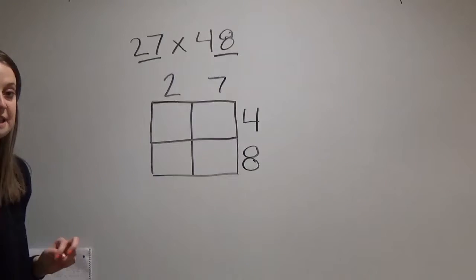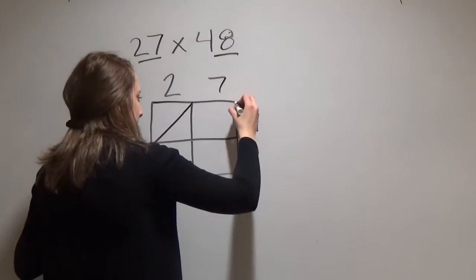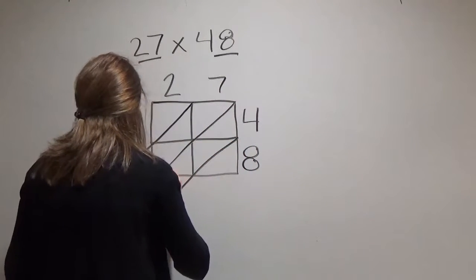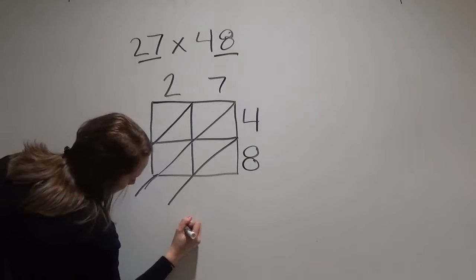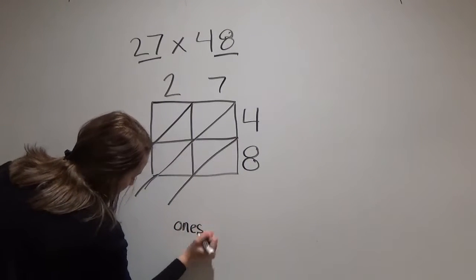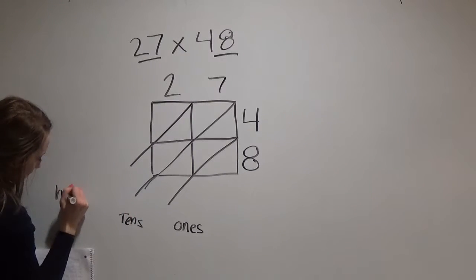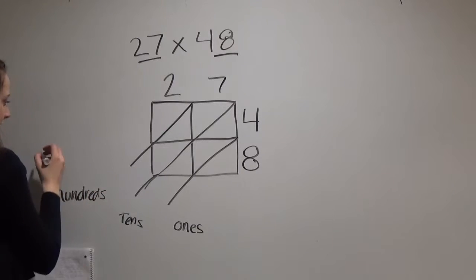Now we have to draw in our diagonals in each square. And we have our place values along the sides, our ones, tens, hundreds, and thousands.